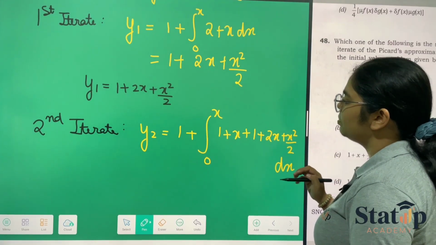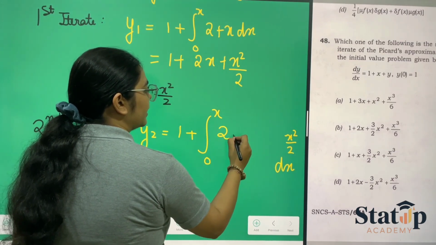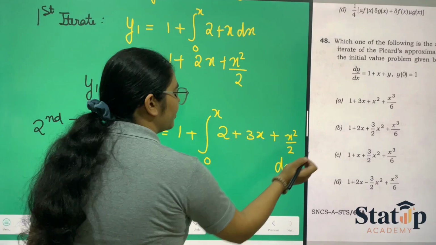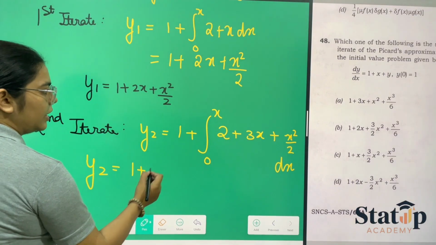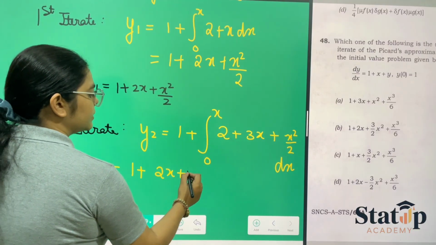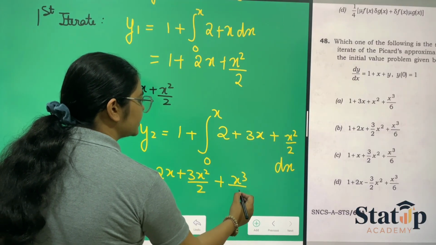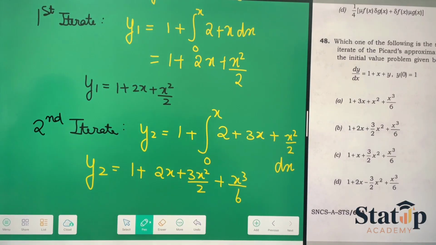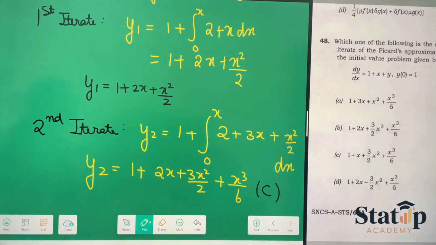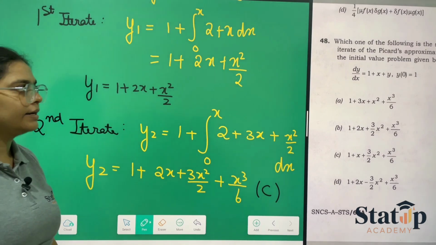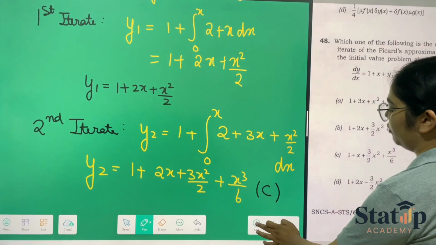In place of this, we can write 2 plus 3x plus x square by 2 dx. On solving this, we get the second iterate as 1 plus 2x plus 3x square by 2 plus x cube by 6. Now you can see the answer matches exactly with option number C, and hence option number C is the correct option for this Picard's method question. I hope that it is clear to all of you. It was very easy, just the implementation of the formula of Picard's method.